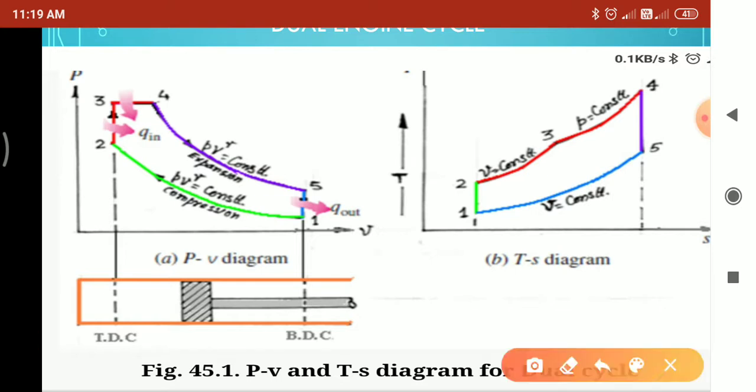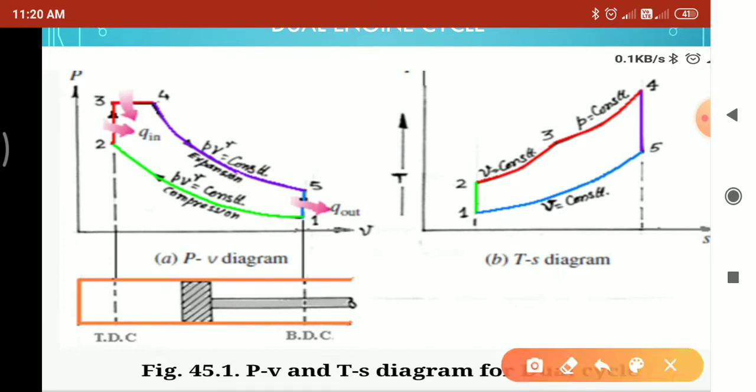Then process number 2, from here to here. In this process volume remains constant, but temperature increases from T2 to T3, and pressure increases from P2 to P3, and heat is supplied in this process from an external source.